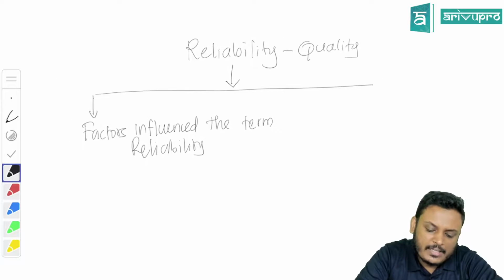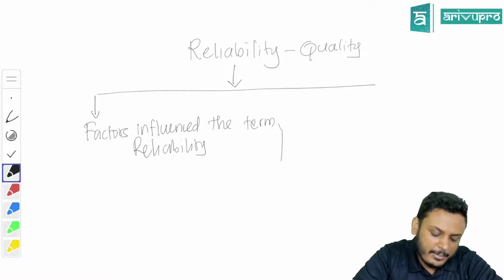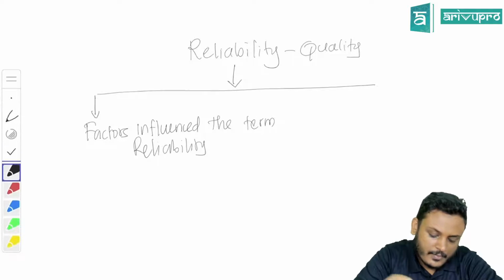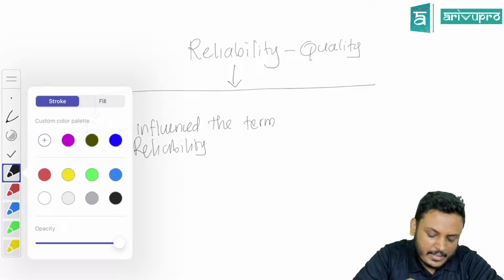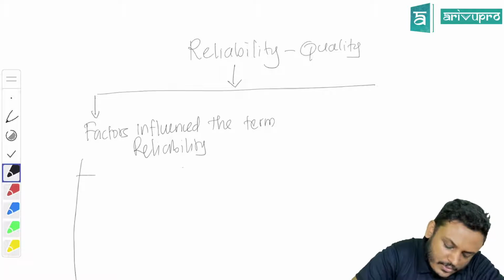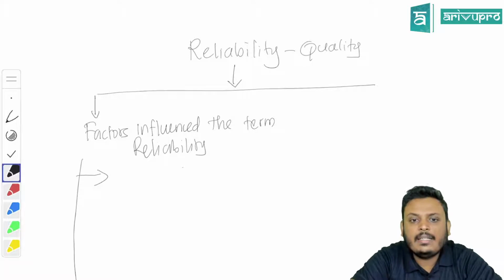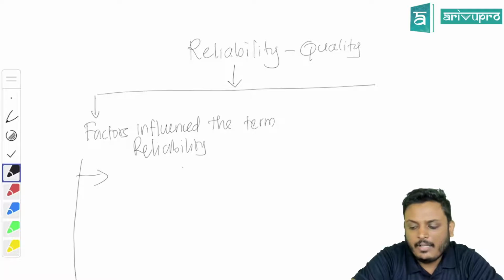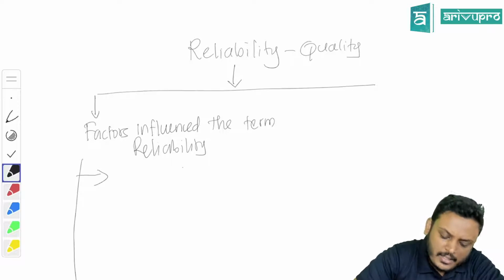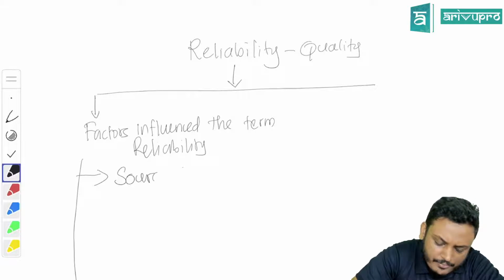If I take this reliability, the following factors influence the term reliability. What are the factors that influence reliability? The first factor is the source of the evidence.